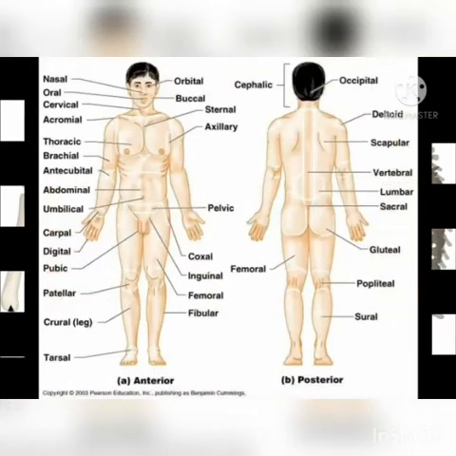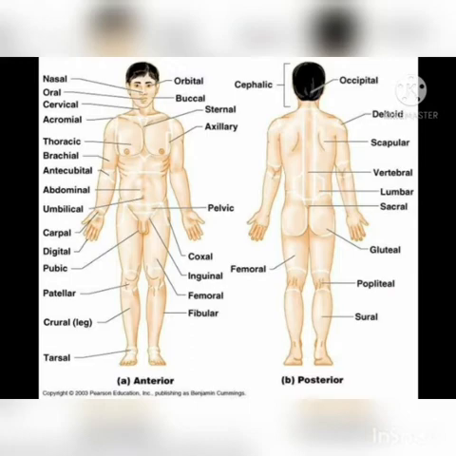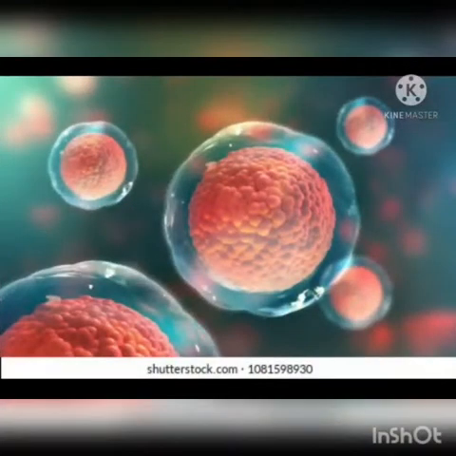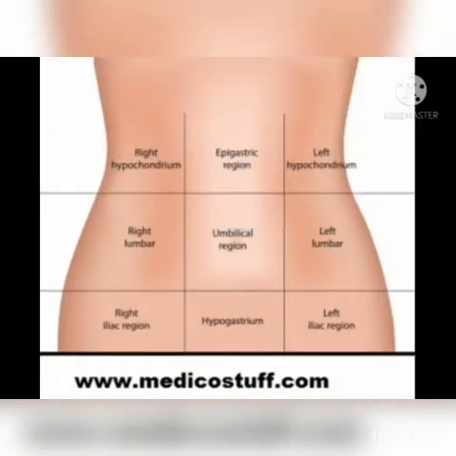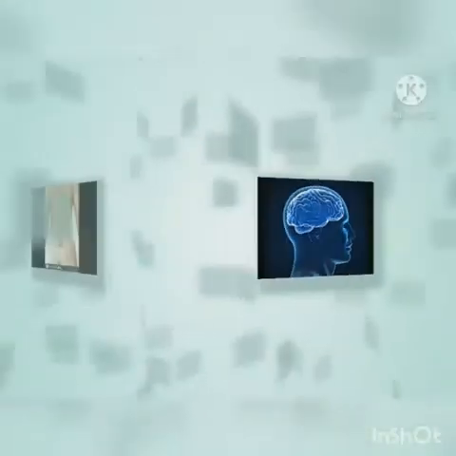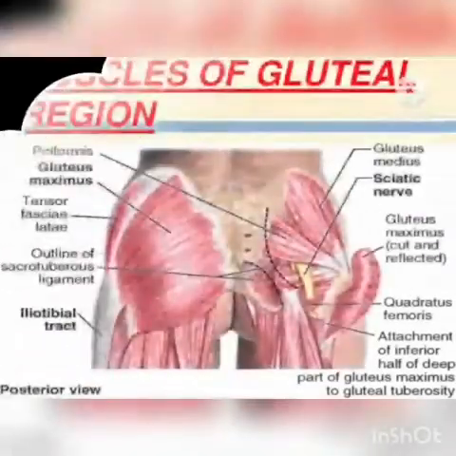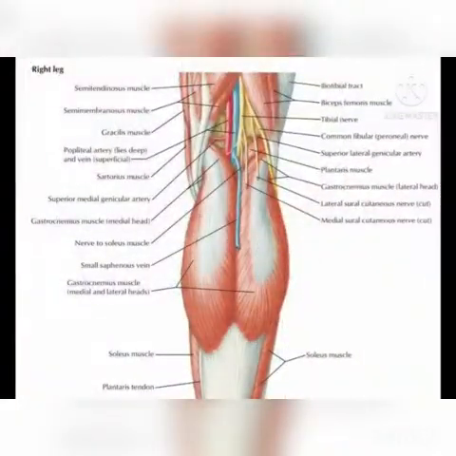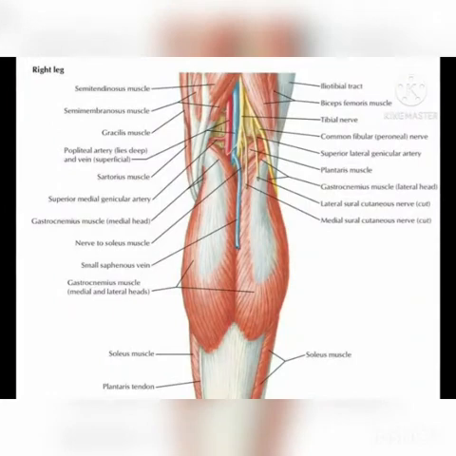Regional anatomy considers the organization of the human body into segments or major parts. So here we are able to see the thorax is a region, abdomen is a region, cervical region, head region, back region, gluteal region, popliteal region, and various other regions.